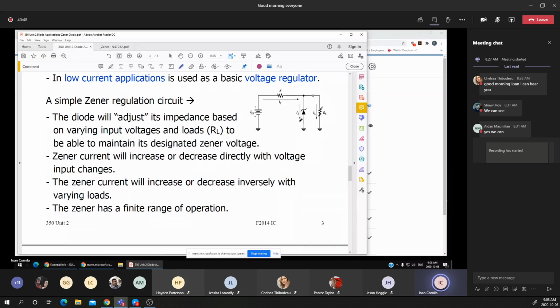The Zener diode compensates for the change in the load current, knowing that the IT is a constant current.